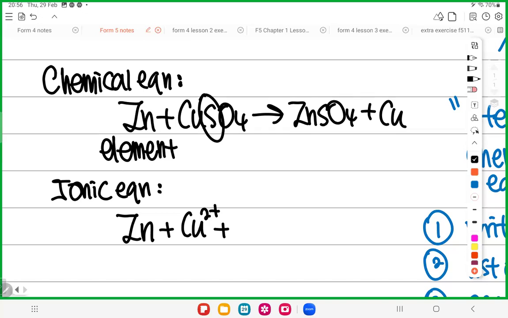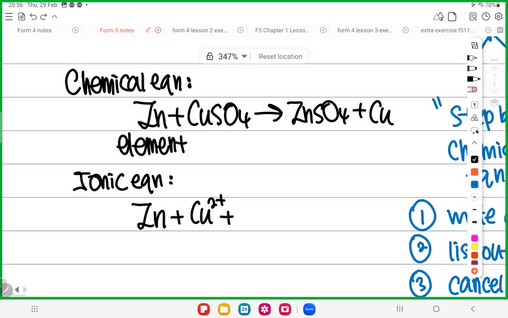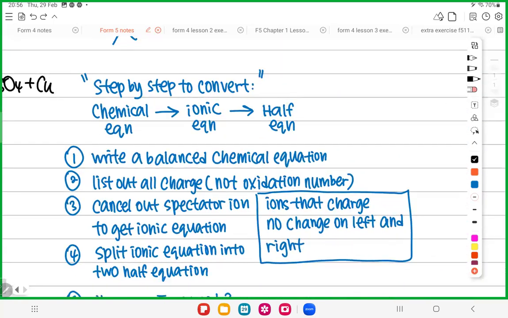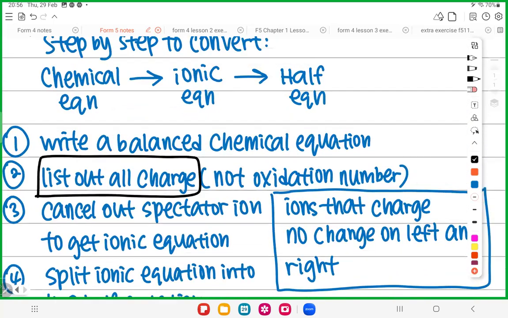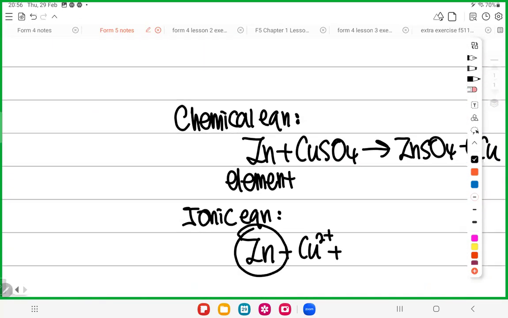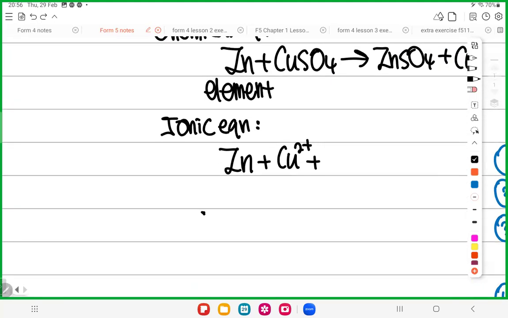Sahara asked, isn't 0 the oxidation number? You are right, Sahara. But did I ask you to list out the oxidation number? No. I asked you to list out the charge. So the zinc here doesn't have any charge. That's why you write zinc only. No charge, you don't need to write anything, just keep it empty.